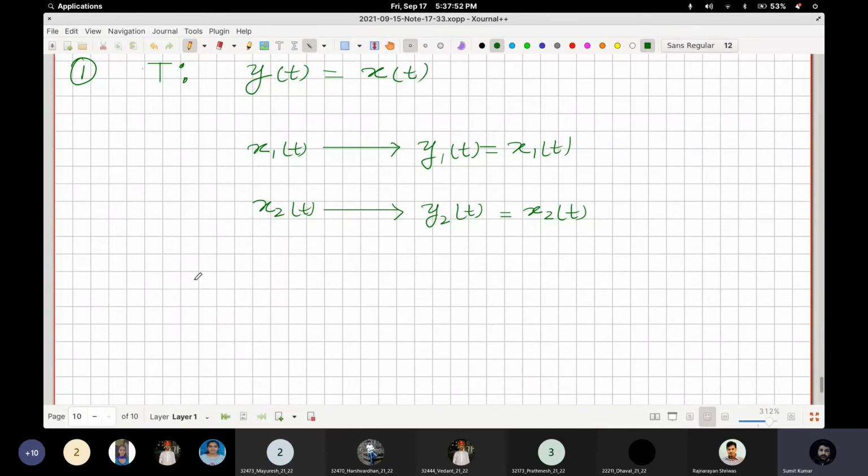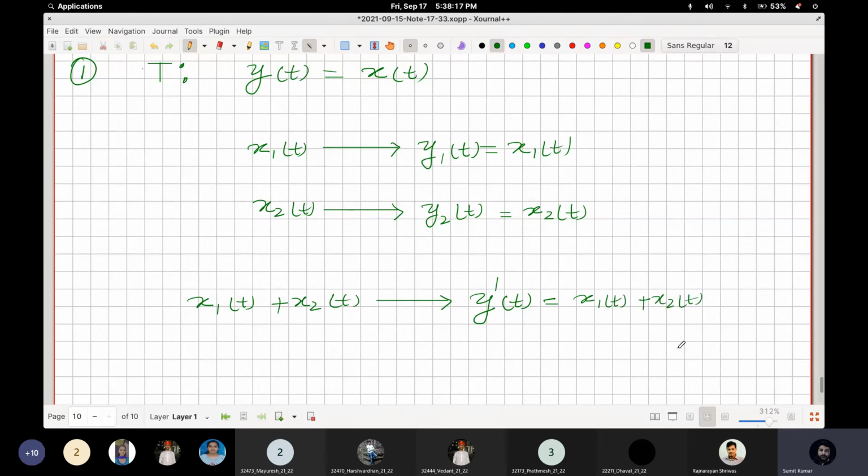Now, if you give x1(t) plus x2(t) as input to the system, let me assume that the output is y'(t). Then y'(t) will be equal to what? Your input only. And what is your input? x1(t) plus x2(t), isn't it?